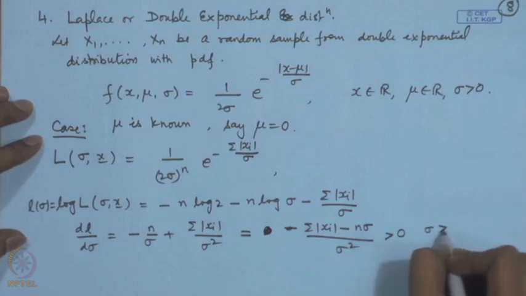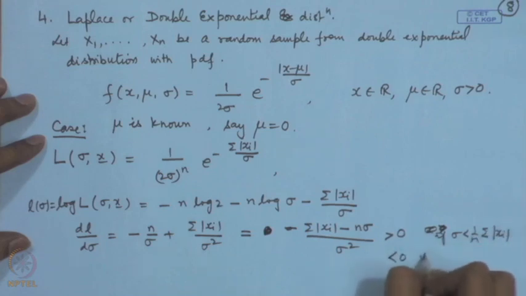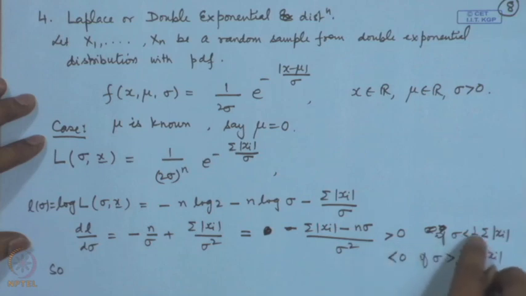if sigma is less than 1 by n sigma modulus x_i, and it is less than 0 if sigma is greater than 1 by n sigma modulus x_i. So, the maximum occurs at 1 by n sigma modulus x_i.